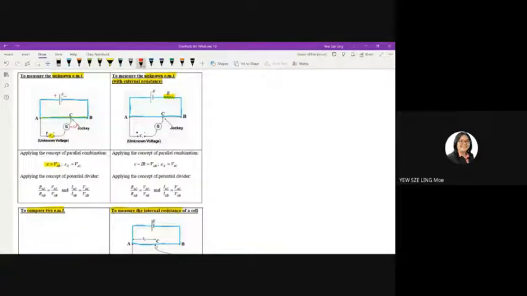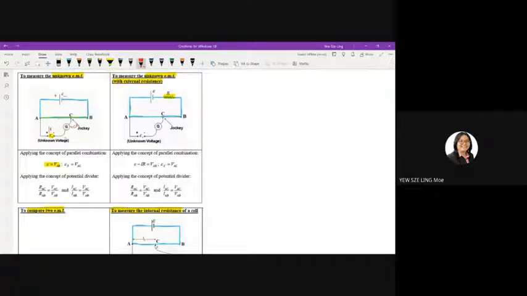The diagram is like this. If you put it in the wrong direction, then your galvanometer will be deflected towards just one direction. It won't change direction. It will never achieve balance point.